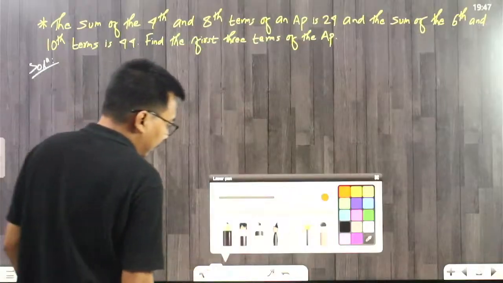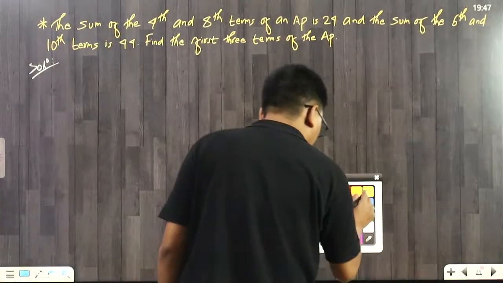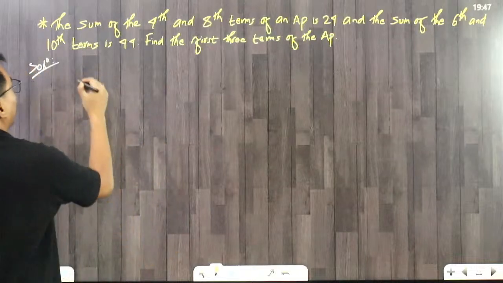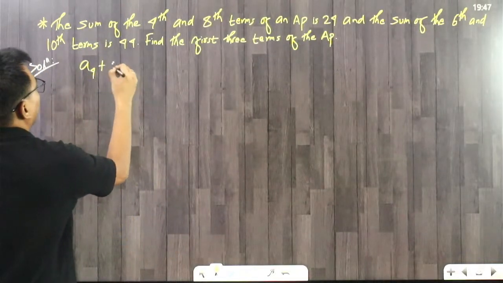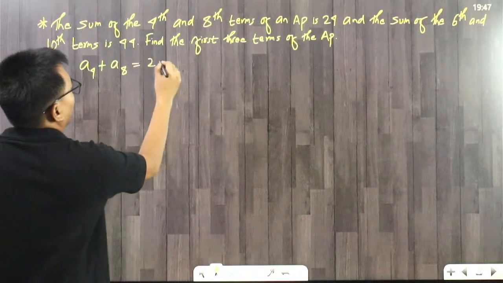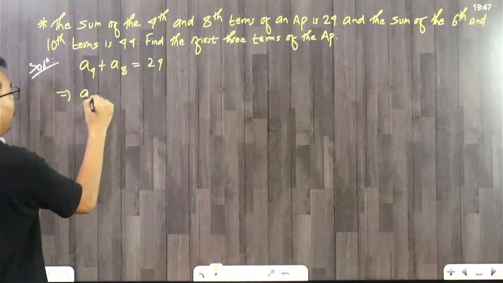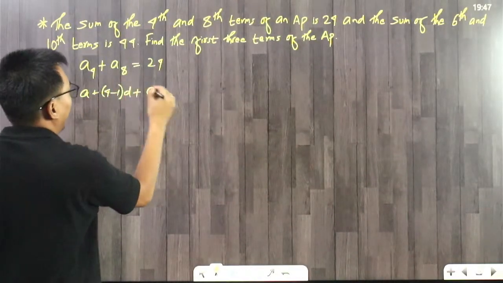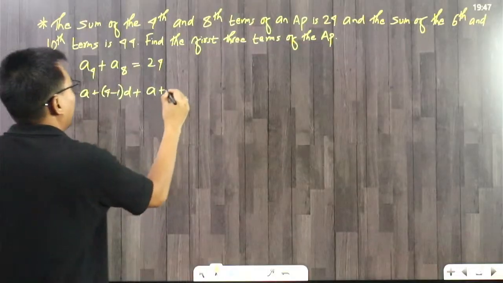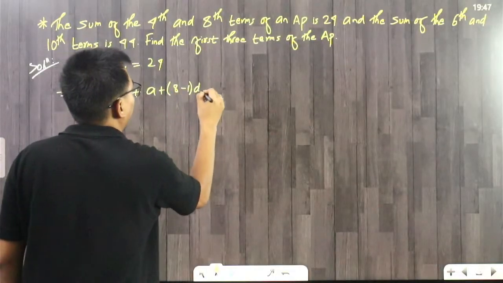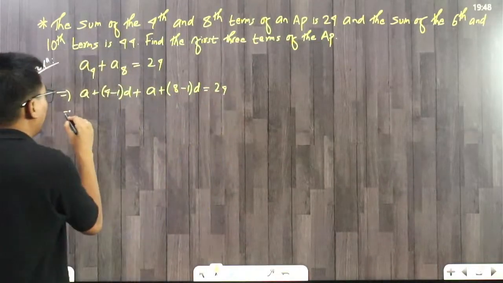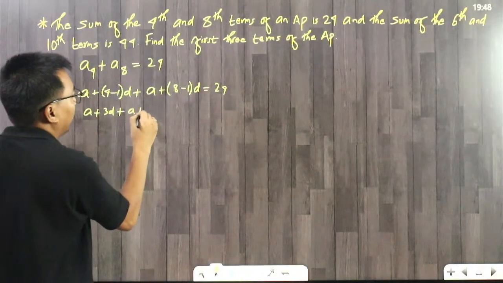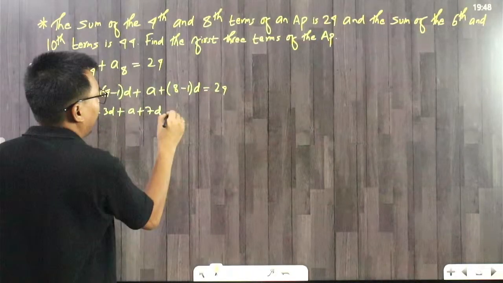So, let's start. The sum of the fourth and eighth terms of an AP is 24, which means A4 plus A8 is equal to 24. A4 means A plus (4 minus 1)D, plus A8 means A plus (8 minus 1)D, equal to 24. So we get A plus 3D plus A plus 7D equal to 24.